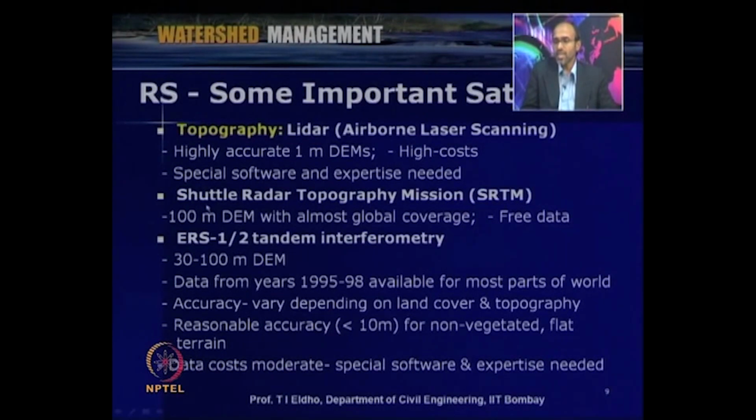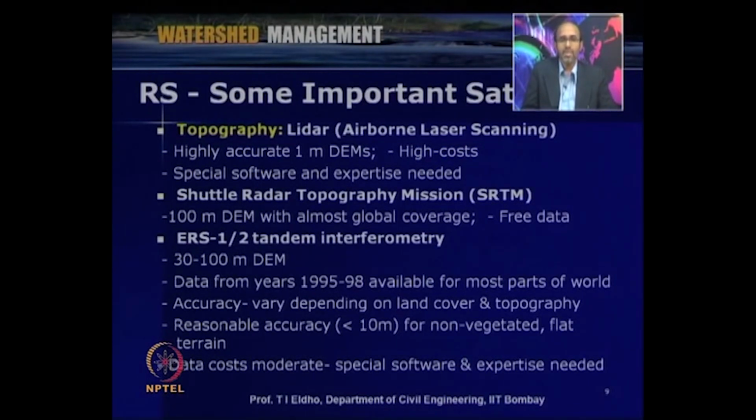And then another series, the Shuttle Radar Topographic Mission, SRTM related satellites and data. Here, we get a 100 meter detail elevation model with almost global coverage. The data, provided by NASA in collaboration with other countries, is called SRTM data, and it is available on the internet, supplied by NASA.